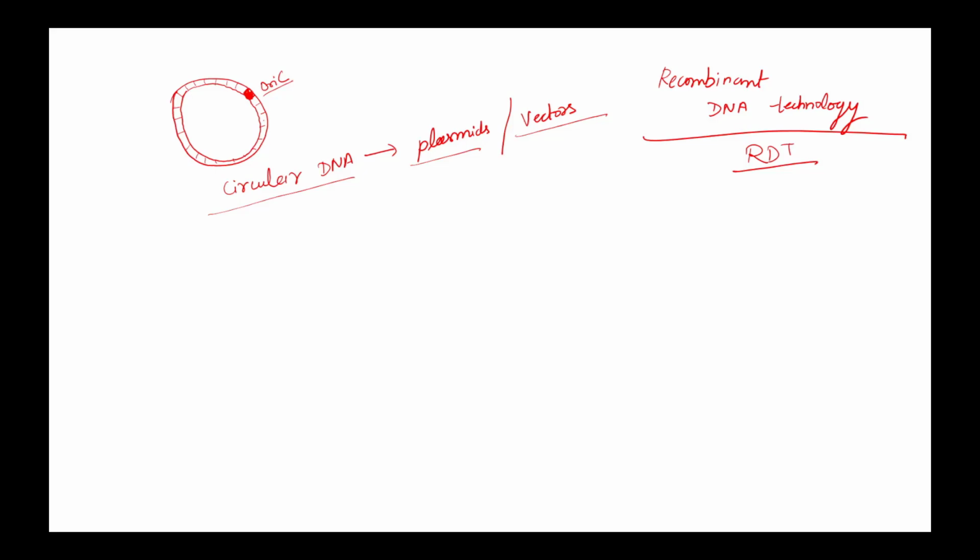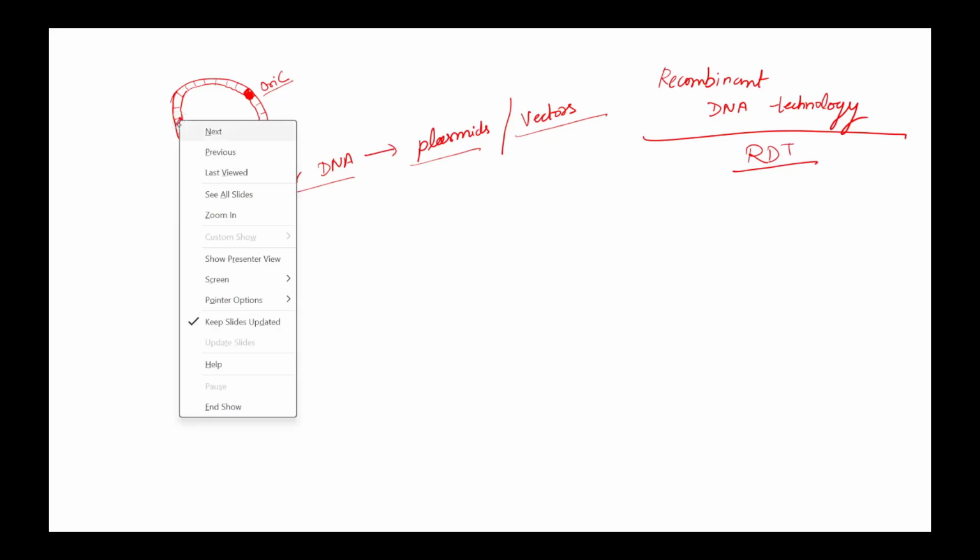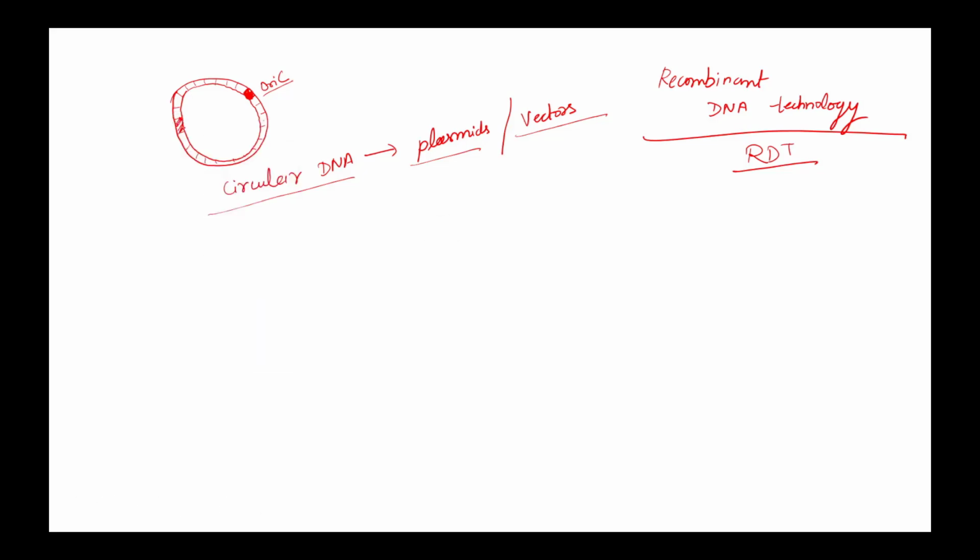Along with that, it should have a promoter sequence, which will help to transcribe the specific gene product which is cloned, or inserted, in this vector for our desired purpose.